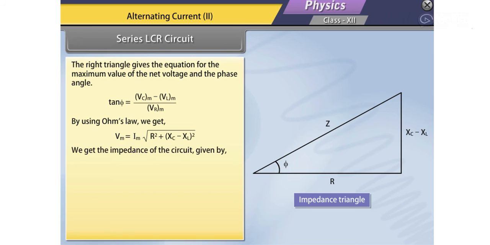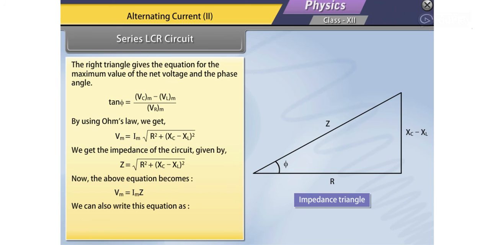We get the impedance of the circuit given by Z is equal to under root of R square plus (XC minus XL) square. Now, the above equation becomes Vm is equal to the product of Im and Z. We can also write this equation as Im is equal to Vm upon Z, or IRMS is equal to VRMS upon Z.